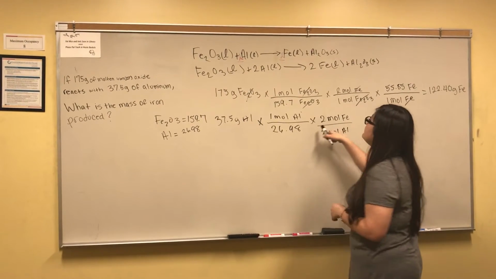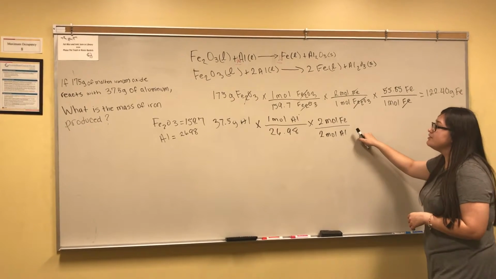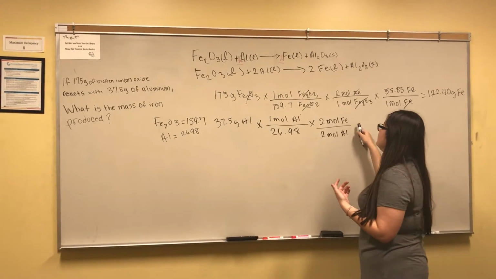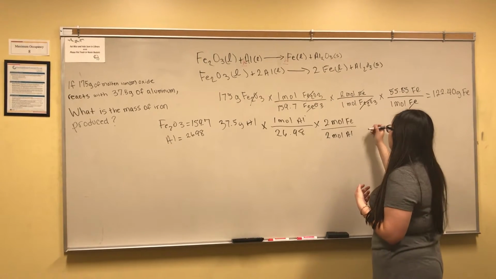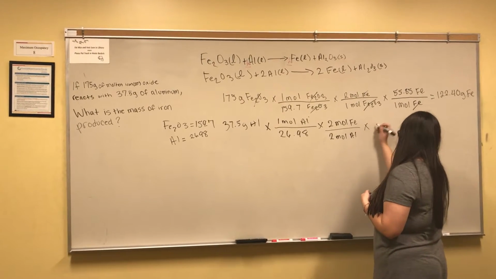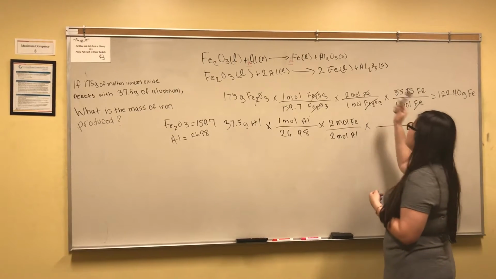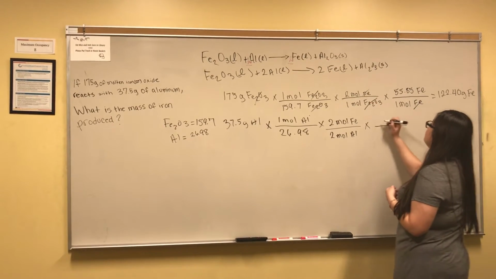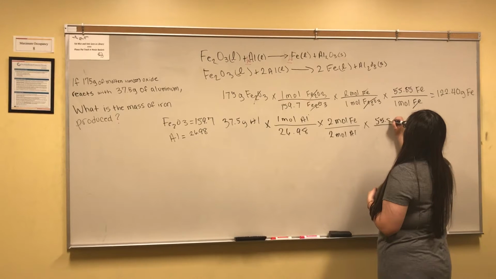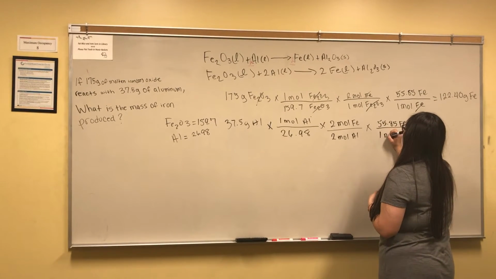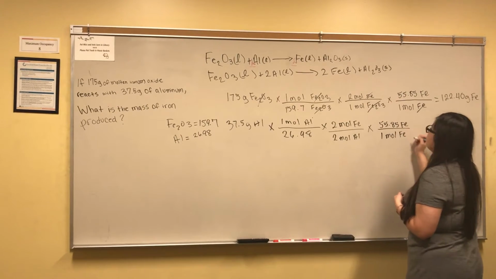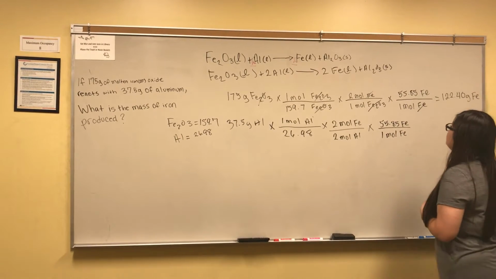The reason we're doing this with Fe is because we're trying to find how much iron is being produced. Then you multiply that by the weight of iron, which is 55.85 grams of Fe over 1 mole of Fe, because that's what we're trying to see how much is going to be produced.